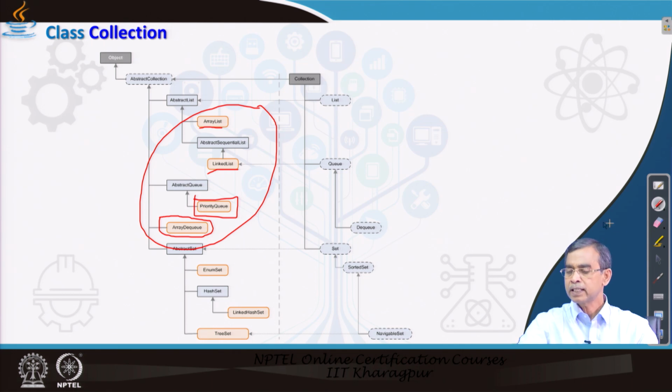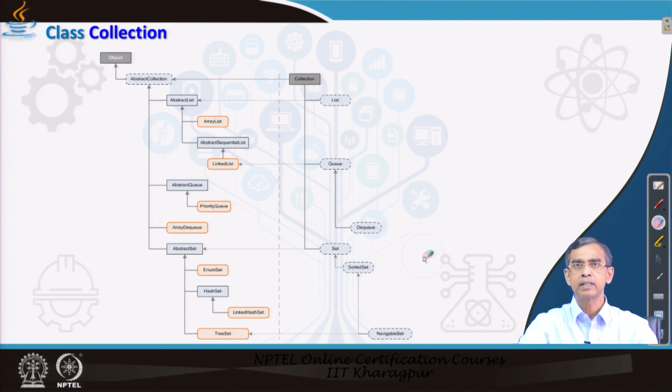So, these are the different classes declared, and we shall discuss all these classes from a data structure point of view, then their implementation, and then how they can be managed using the Java Collection Framework.